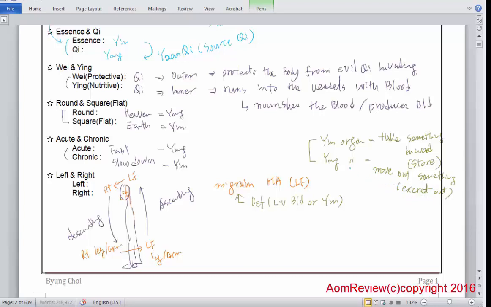These are what we call the yang type of organs, such as the urinary bladder and large intestine. So if there is a deficient condition between yin organ and yang organ, where is it not enough? Mostly the yin organ. So that's why deficiency appears more in the yin organ than the yang organ.